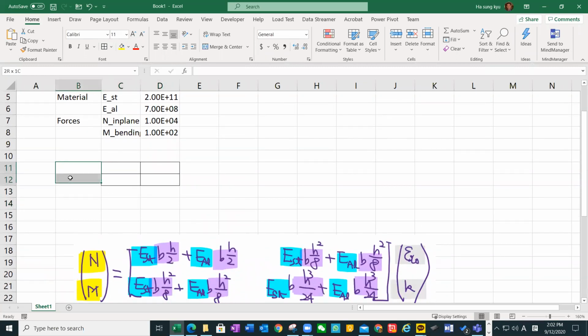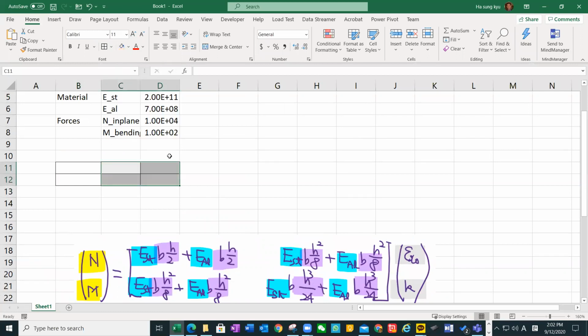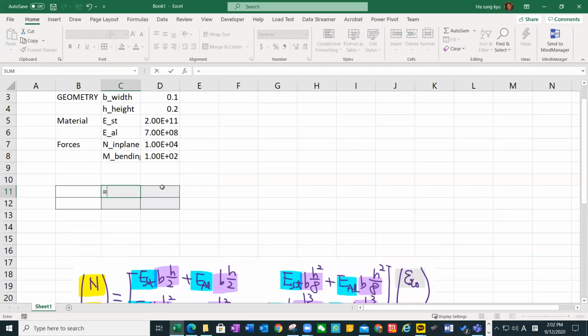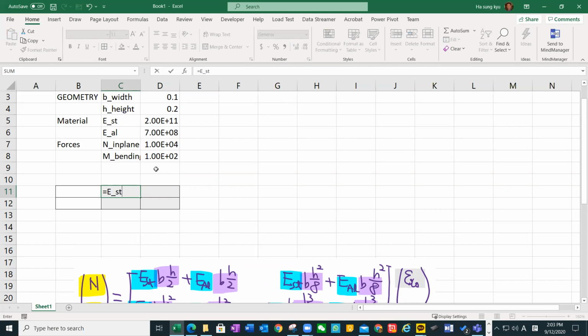And here we will have these terms. We will have a 2 by 2 matrix here. So let's say equal, and we wish to type in the symbol as we defined here. Of course, Excel still cannot recognize this value.